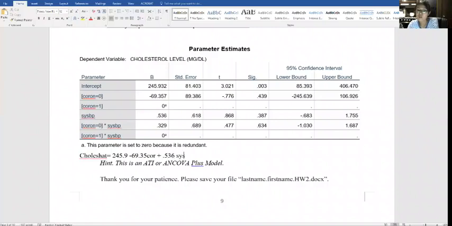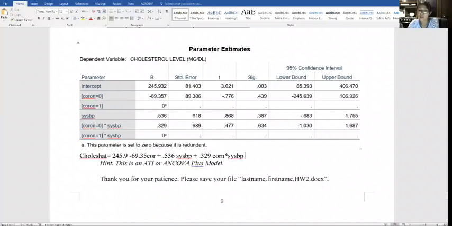Systolic is 0.563 systolic BP. And then this is the interaction effect between two variables, coronary incident and systolic: 0.329 coronary incident times systolic BP.